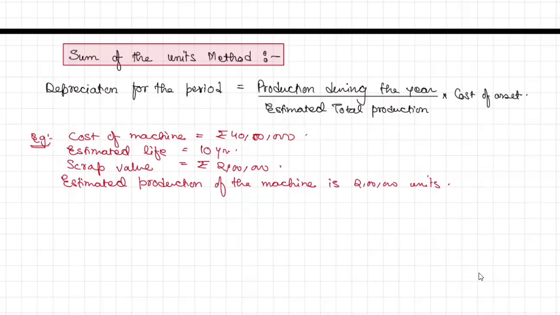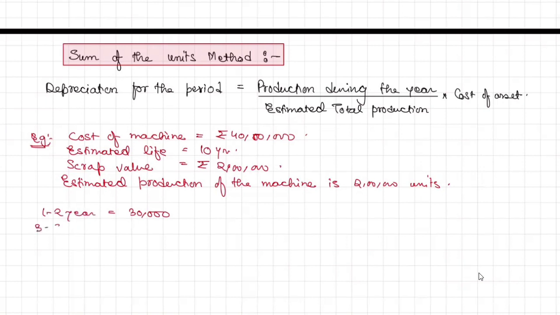Now suppose for an example, for the first to second year, 30,000 units have been produced.